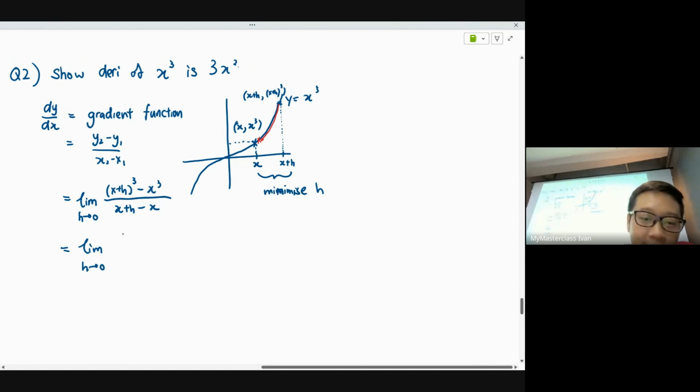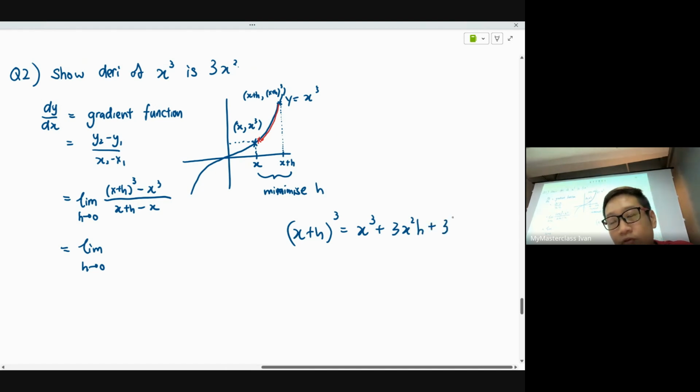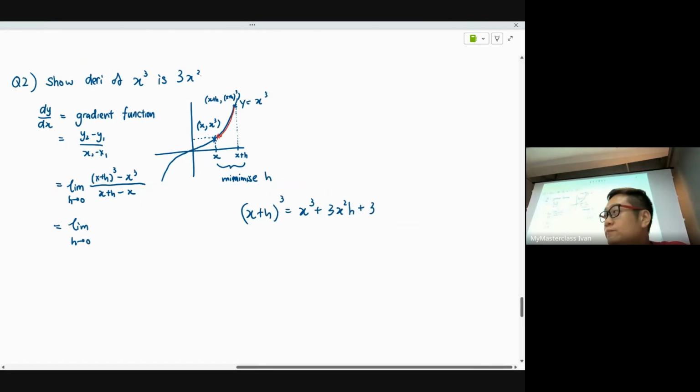Okay, open up the top, the x plus h cubed is equal to x cubed plus 3x squared h plus 3 choose 2. Somebody key for me 3 choose 2. Okay, never mind. x h squared plus h cubed.